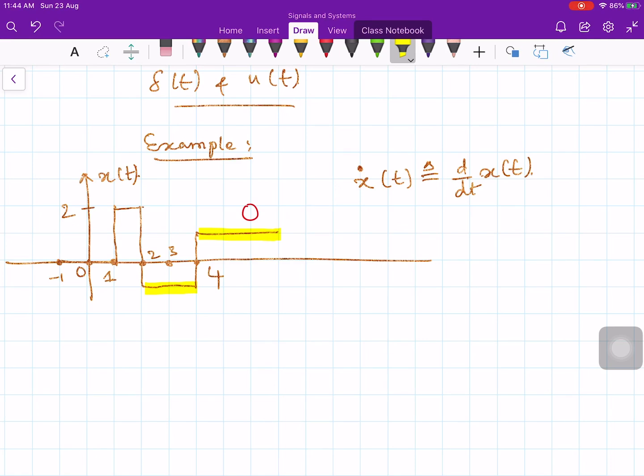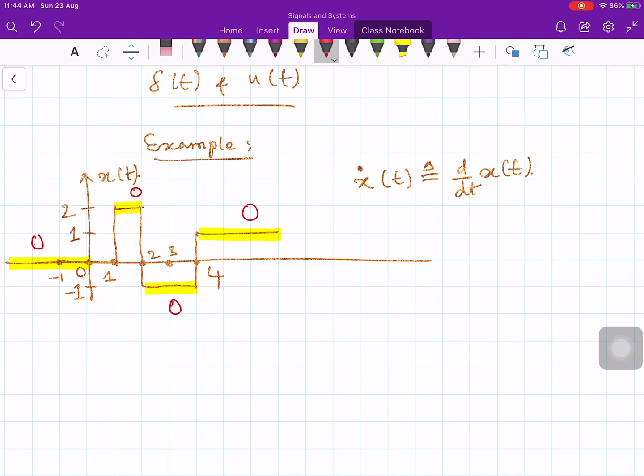This point is minus 1, this point is 1, then the derivative is 0 at this point. Similarly, here also in this region the function is constant, the derivative is 0, and here also the function is constant, therefore the derivative of x of t is 0.